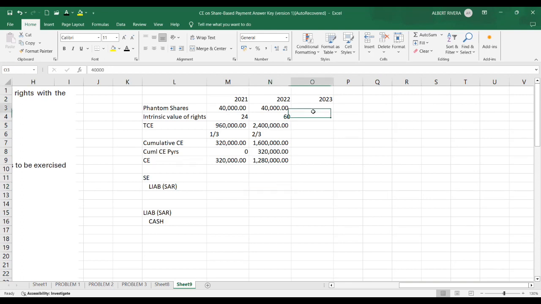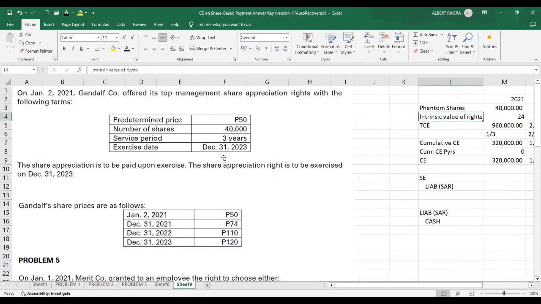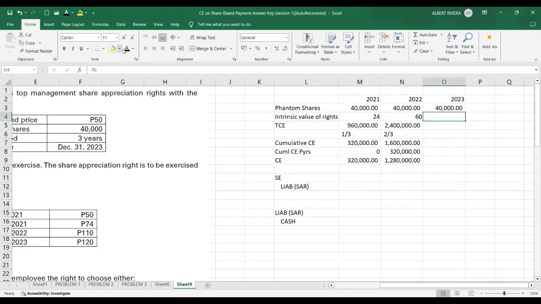In 2023, this remains at 40,000, while the intrinsic value is how much? This is just 120 minus 50, and this is 70. Okay? So this is 40,000 times 40, and this is now your total compensation expense. So this is 2.8 million times 3 over 3, and this is now the cumulative compensation expense equivalent to 2.8 million pesos. Okay?